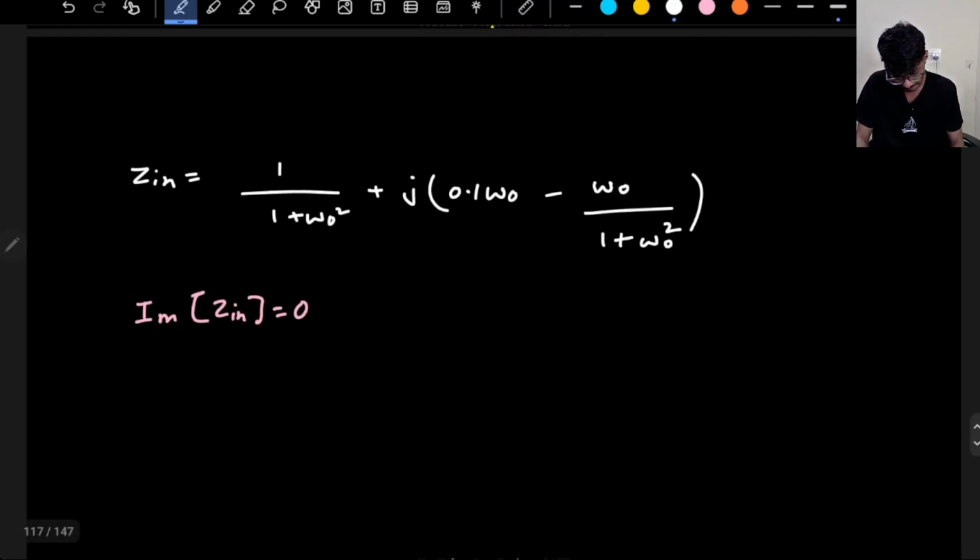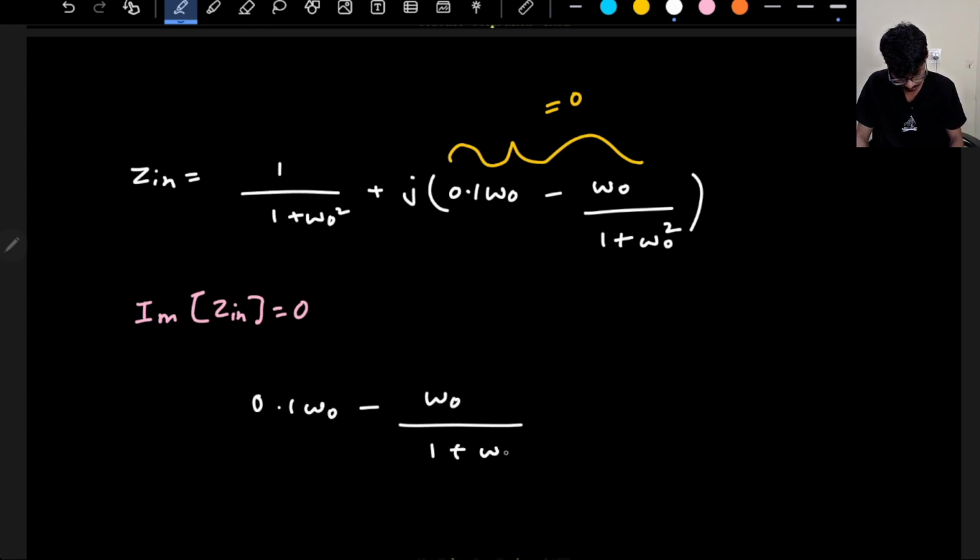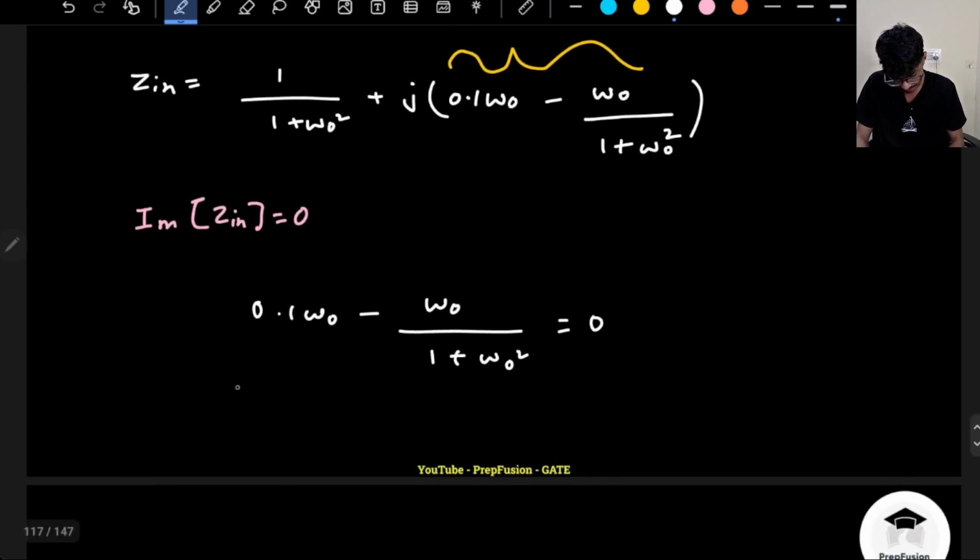So my equation becomes 0.1 omega naught minus omega naught divided by 1 plus omega naught whole square equal to 0. I can take omega naught common, so this will be omega naught times 0.1 minus 1 divided by 1 plus omega naught whole square.